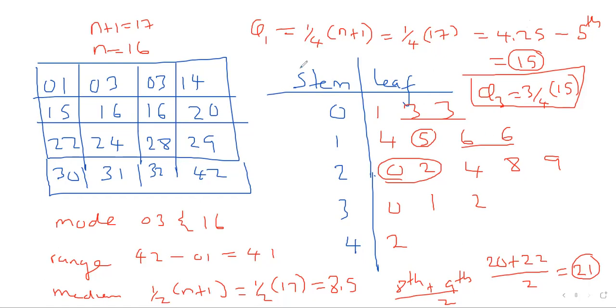Okay, let's mention that. So for the upper part, the 3/4 of what? N plus 1, 3/4 of 17, 0.75 times 17, which is 12.75. How are we going to pick? 3 times 17 divided by 4.